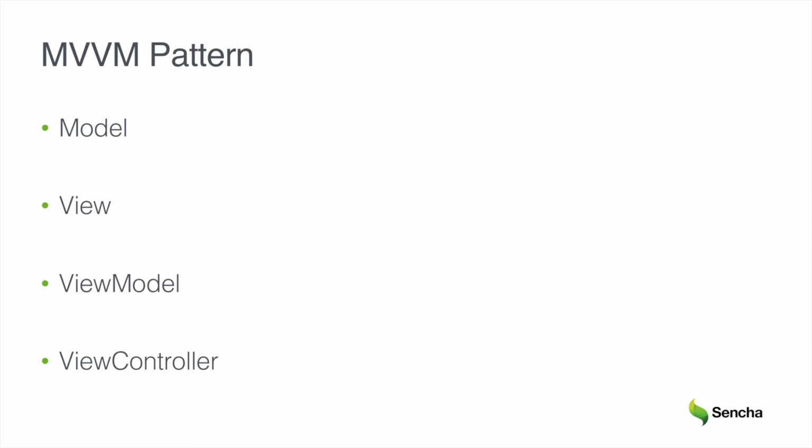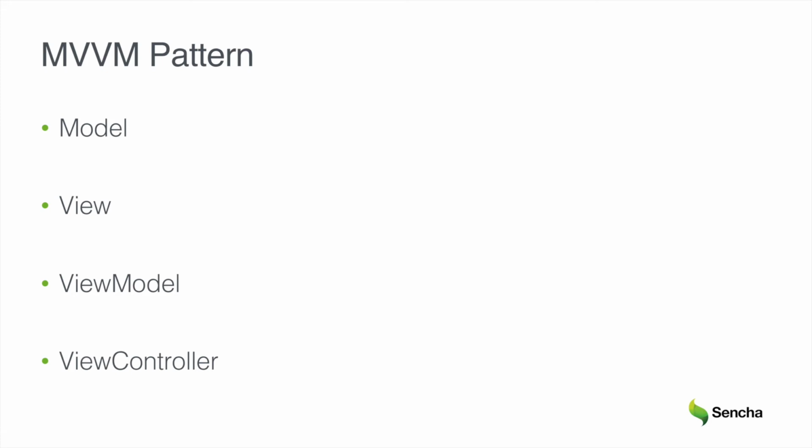So let's discuss the MVVM pattern that is used to divide Ext JS application code. It helps to divide Ext JS code into logical pieces: model, view, view model, and view controller. Model is data in your application. A model class describes one piece of data, and normally models work in combination with stores. A store is a collection of models. View describes the UI of your application. It's a tree, grid, panel, toolbar, or something like this, and views could contain other views.